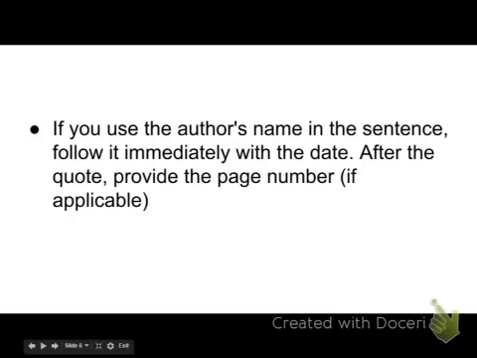There is a little caveat. If you do use the author's name in the sentence, this one gets formatted differently, because you would not want to say, according to Shakespeare, blah, blah, blah, in Shakespeare translation 1864, yada, yada, yada, because it would be redundant. And redundancy is not okay in citations.